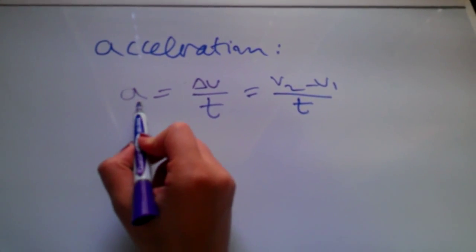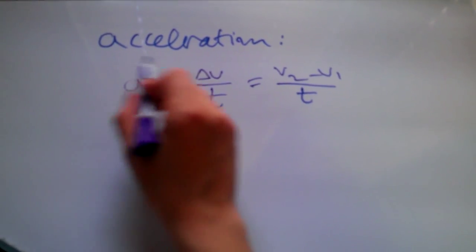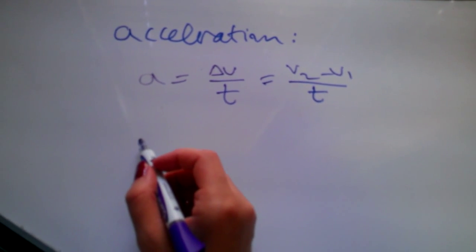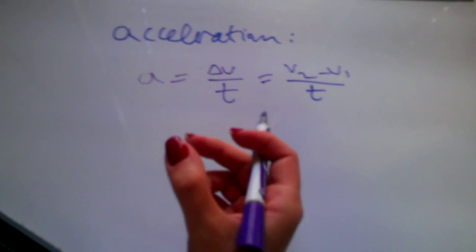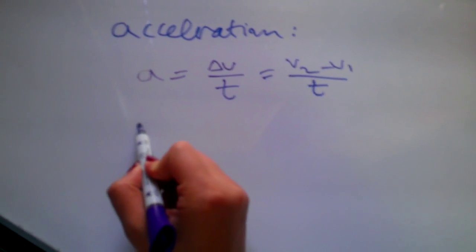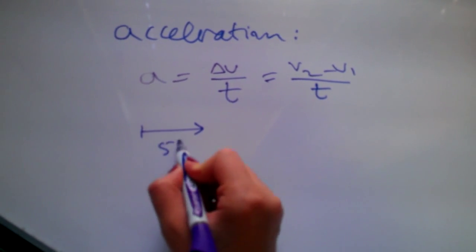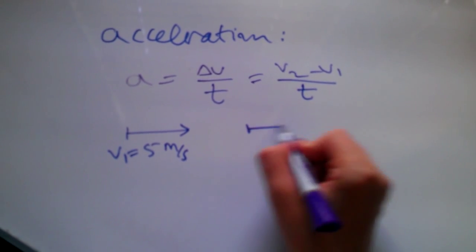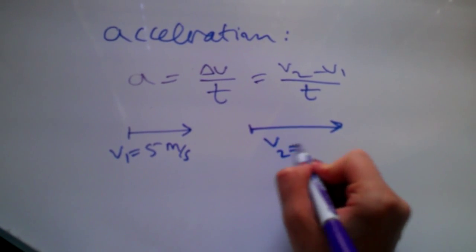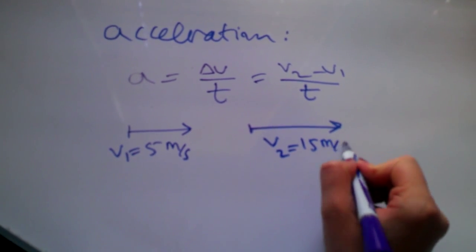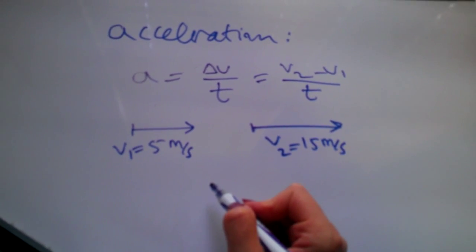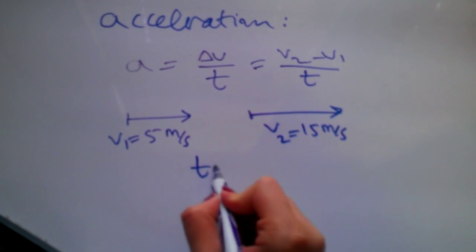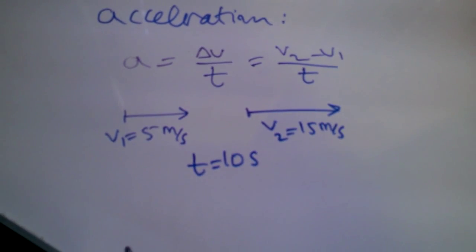But let's talk about an example and the answers that we end up with for acceleration, and then I'll elaborate on the meaning of acceleration in real life. Suppose I'm going by 5 meters per second, so that is my v1, and then I increase my velocity to, let's say, v2 of about 15 meters per second, and I change the velocity over 10 seconds.